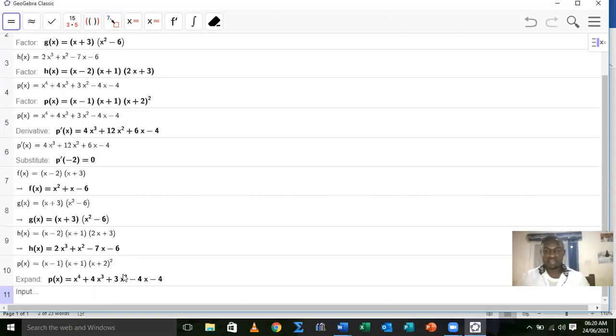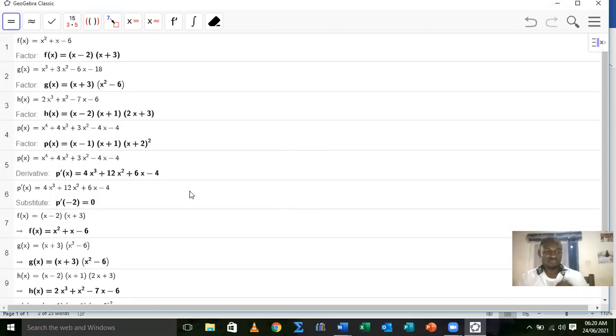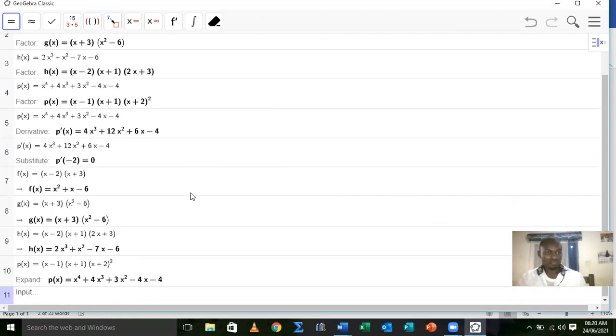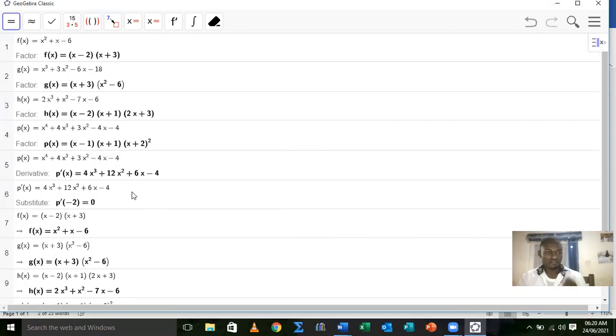Okay, please. Now, the last thing I want us to understand is when you do this type of factorization in CAS and you are doubting whether those factors are actually the factors of the given polynomials, there is also a way of verifying. And how do we verify?